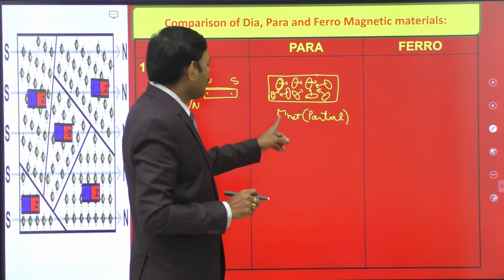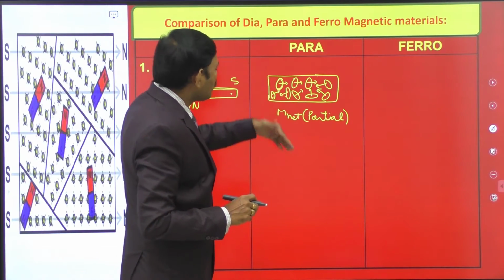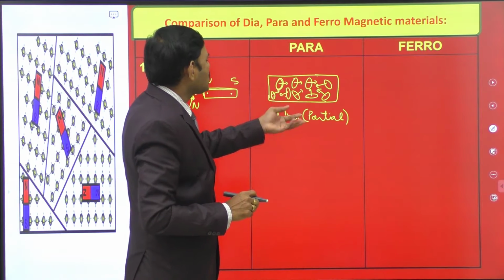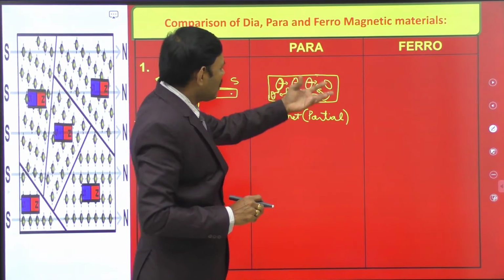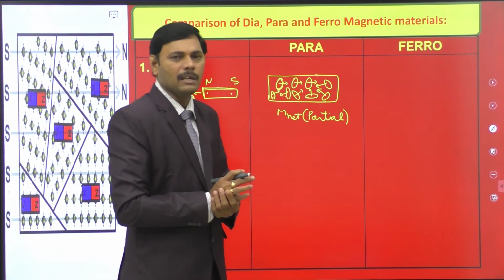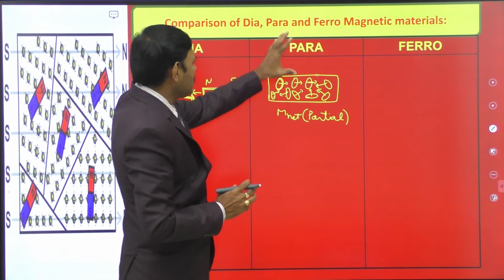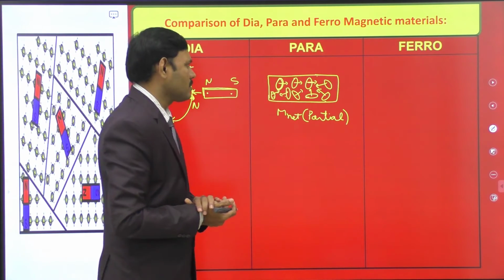So that net partial magnetic moment shows a partial magnetic property, hence it is named paramagnetic substances.